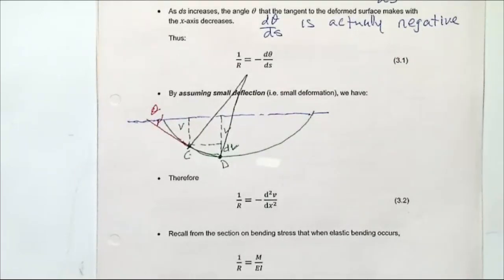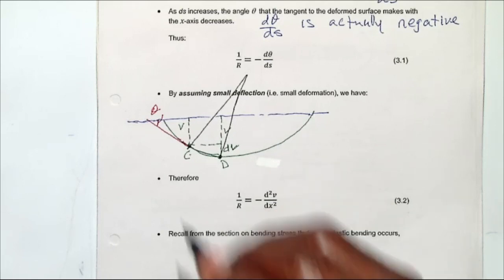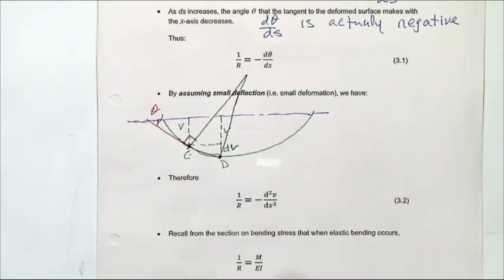So if you have a circle of radius r, and you draw a tangent to the circle, the tangent is at an angle of 90 degrees to your radius. I hope you remember that from school geometry.